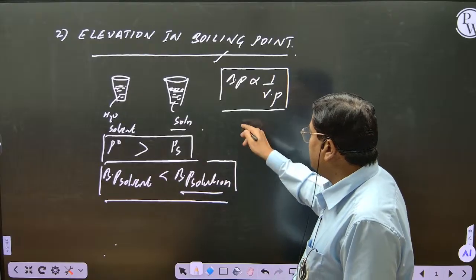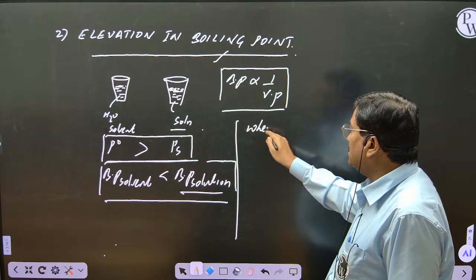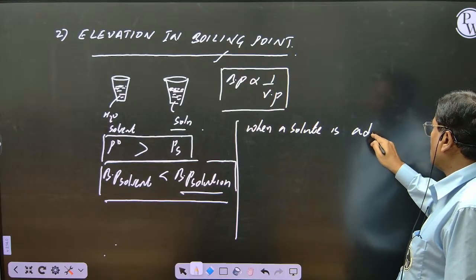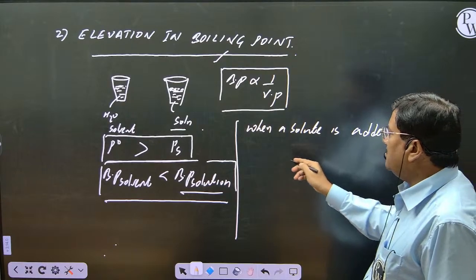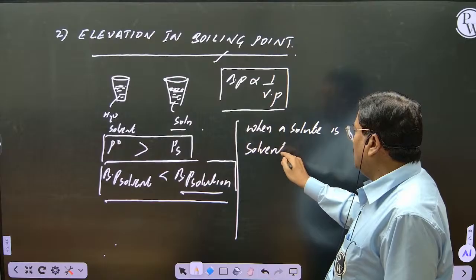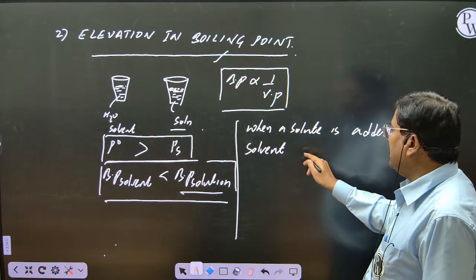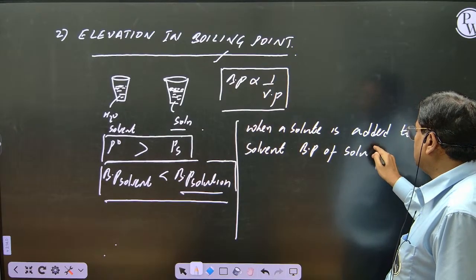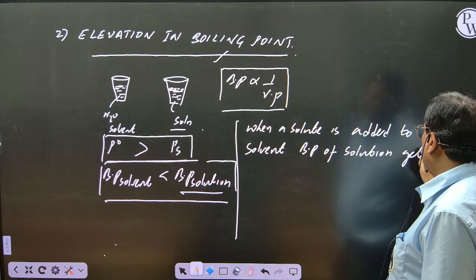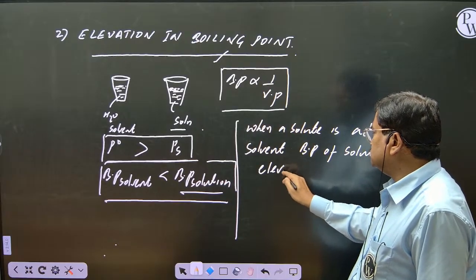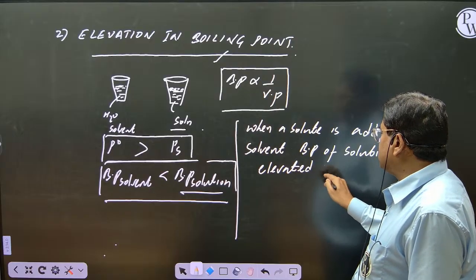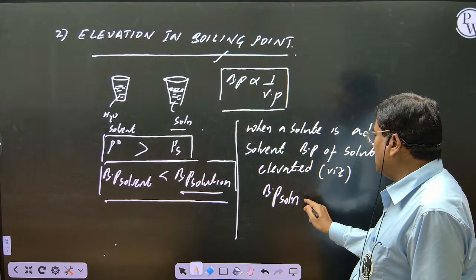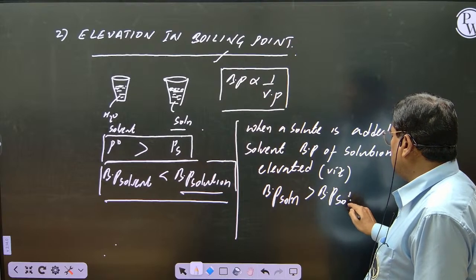So make a note: when a solute is added to solvent, the boiling point (BP) of solution gets elevated. That means the boiling point of solution comes to be more compared with the boiling point of solvent, water.